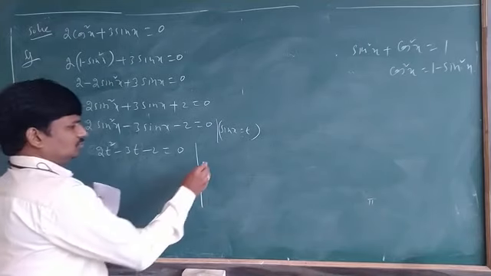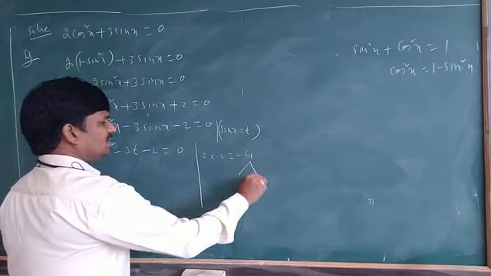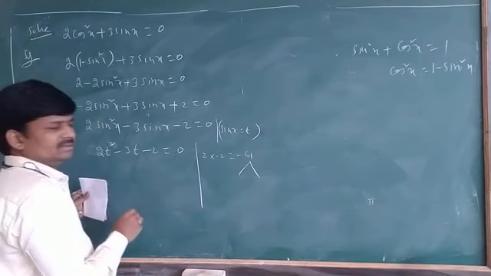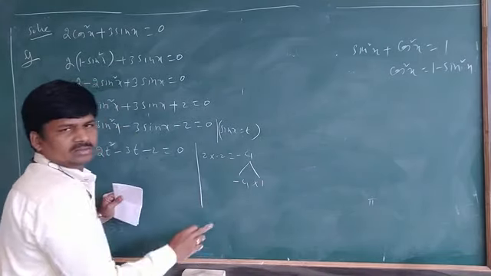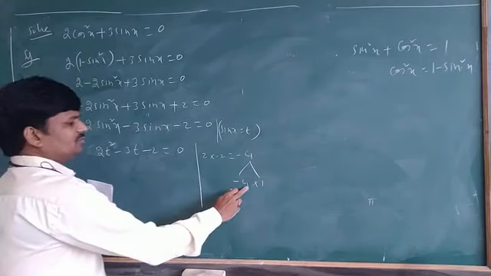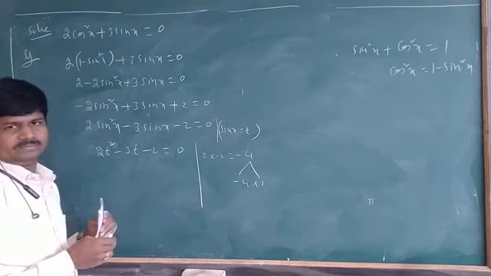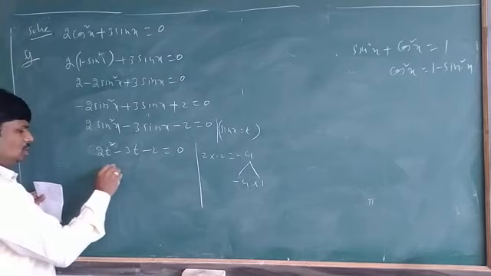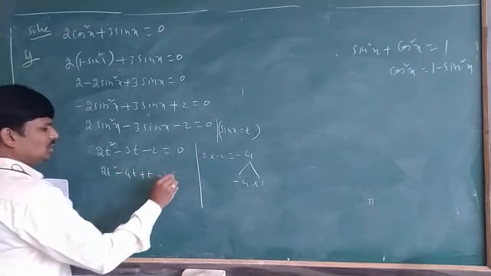2 into 2 is 4. That means 2 into minus 2 is minus 4. So minus 4 into 1, minus 4 plus 1 is minus 3. Now what am I writing here? 2t square minus 4t plus t minus 2 equal to 0.